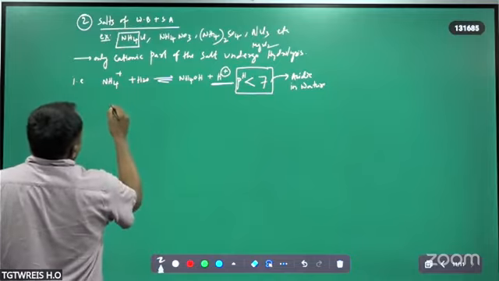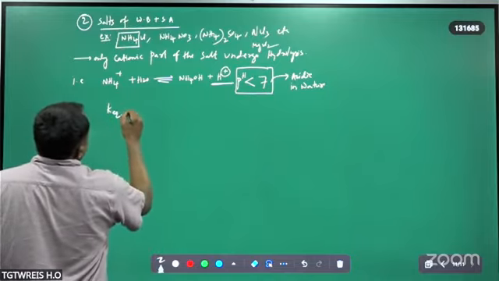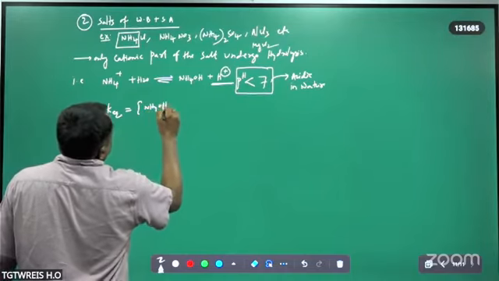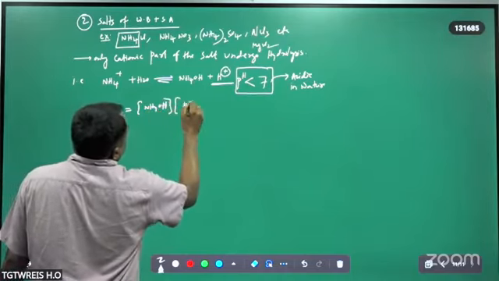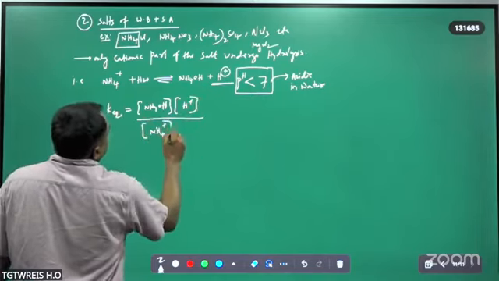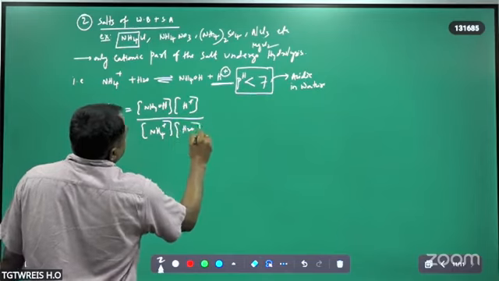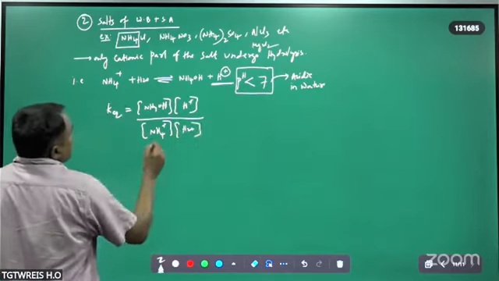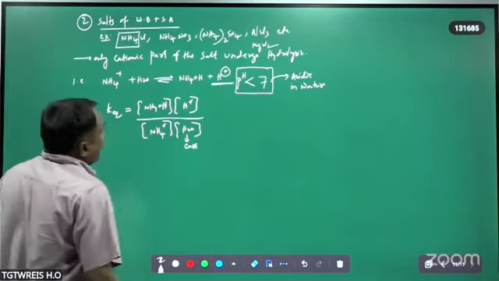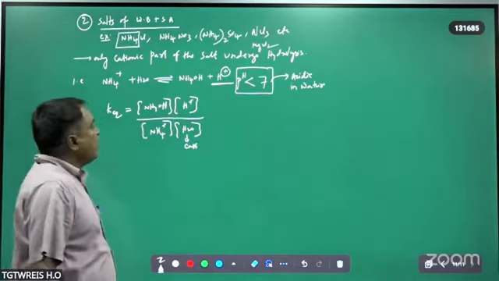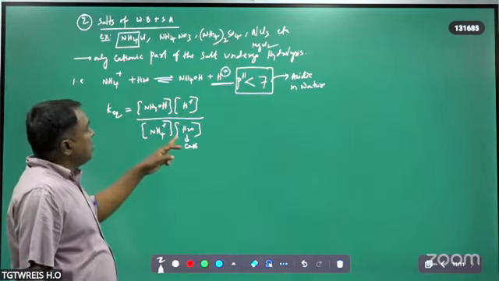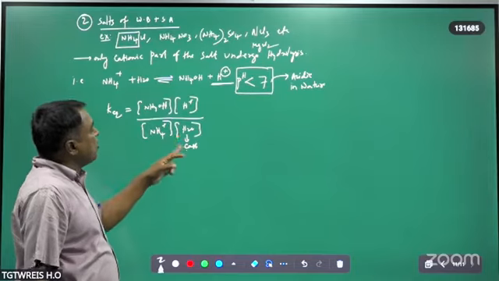It is an equilibrium, so the equilibrium constant is equal to NH4OH into H plus by NH4 plus and H2O. H2O is a pure liquid, whose molar concentration is taken as unity, therefore it is constant.